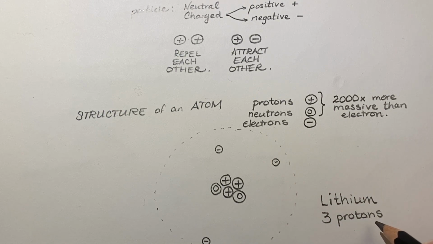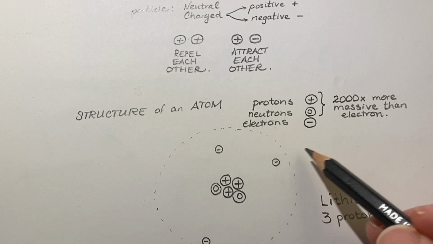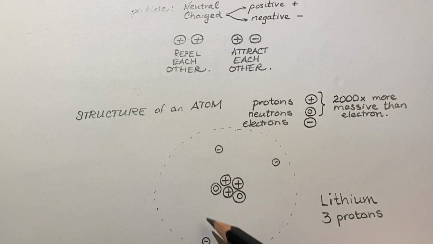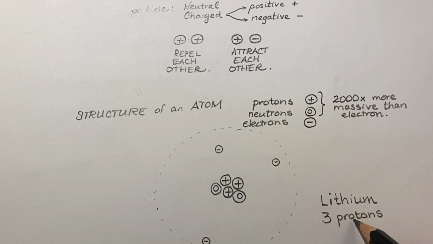You can actually change the number of electrons in any element, and it will just change the overall charge of it. But you can't change the number of protons. Once you change the number of protons, it's actually a different element.